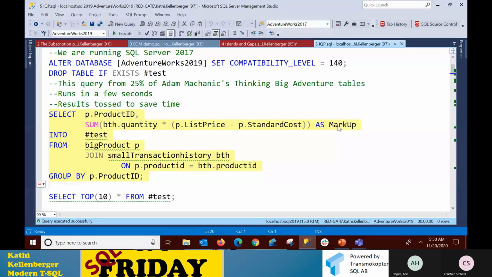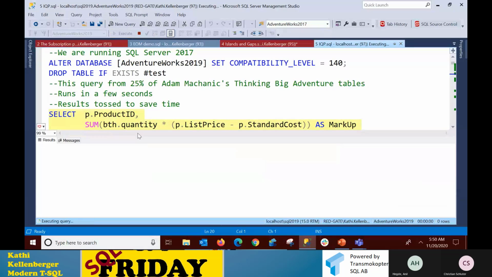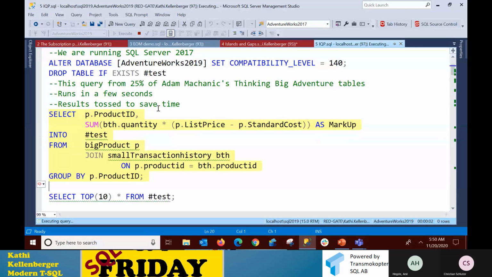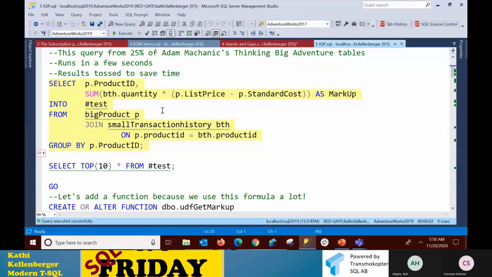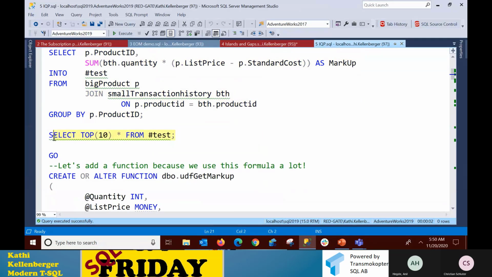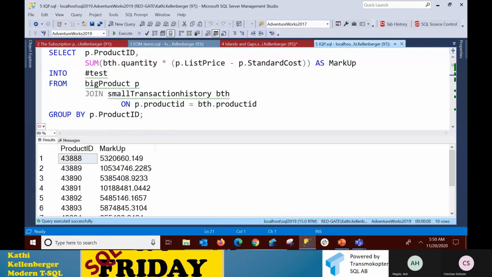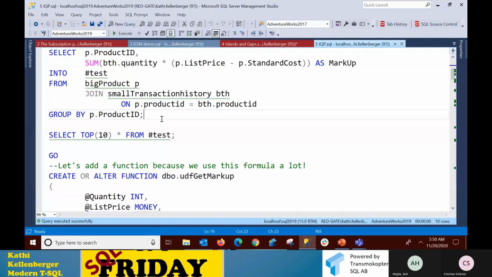In this case, I'm figuring out this markup, and it runs really well, and it works. The numbers in that table don't make much sense, but I just want to show that there's a formula.